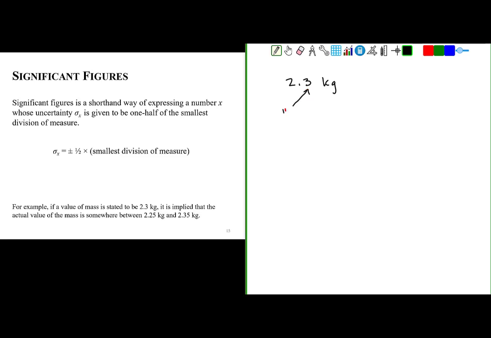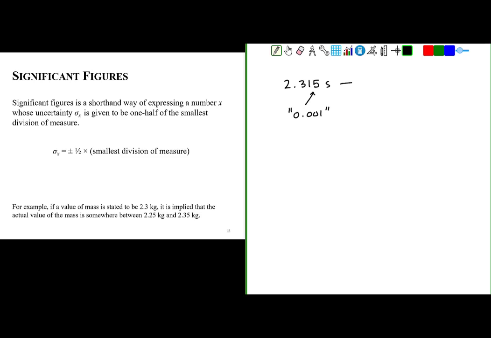And actually, let's change this example a little bit, since we already did something to the 10th place. Let's say we did something to the 1000th place. The thousandths place is 0.001.